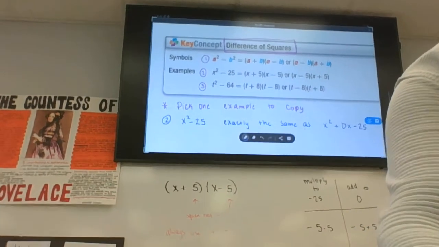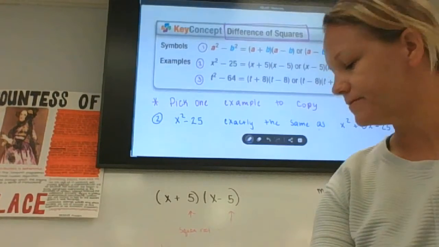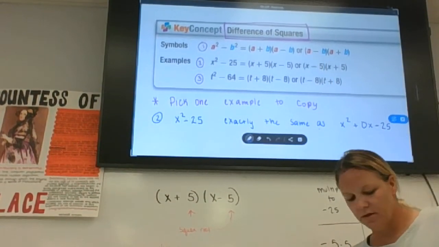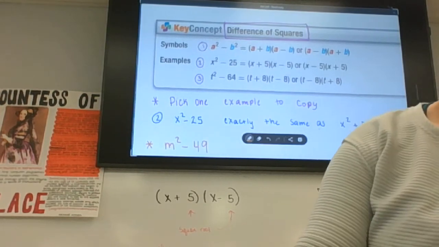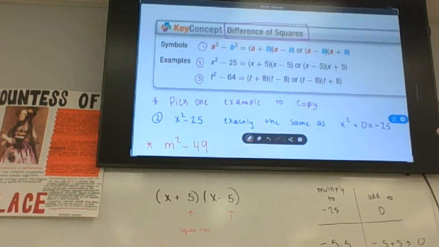Okay? Let me give you another one to try right now. Something off the list. Let's try m squared minus 49. Factor that using the exact same method we just did.